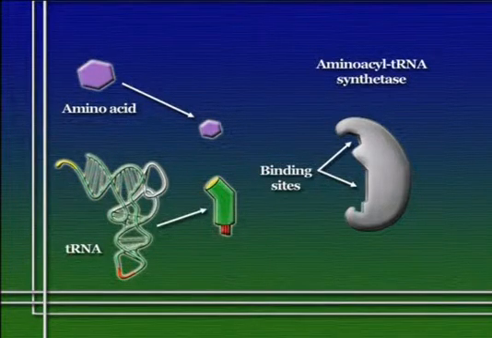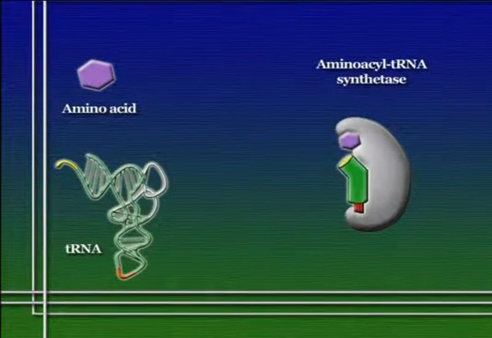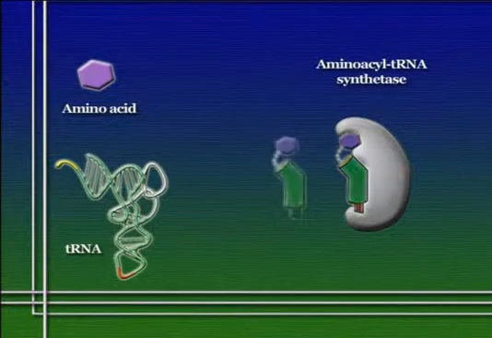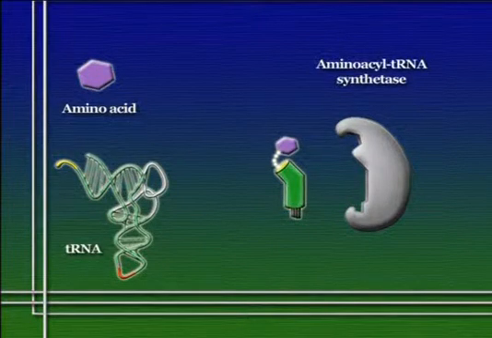Thus, the amino acyl tRNA synthetase acts as kind of a molecular matchmaker, making sure that the right tRNA and the right amino acid get put together. Now, in the context of our earlier discussion of information and evolution, this molecular matchup represented an absolutely key step in the creation of orderliness.